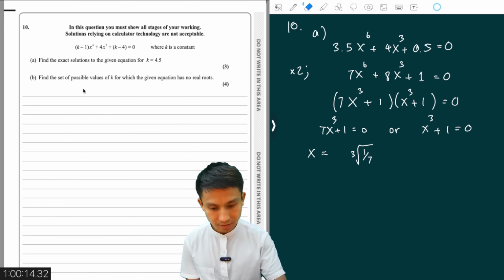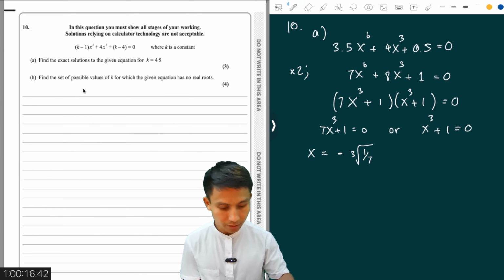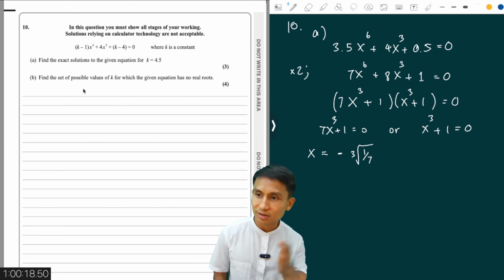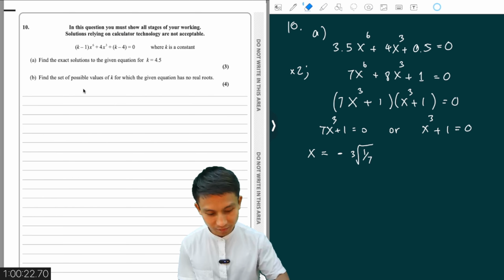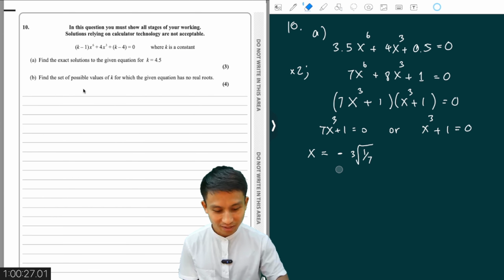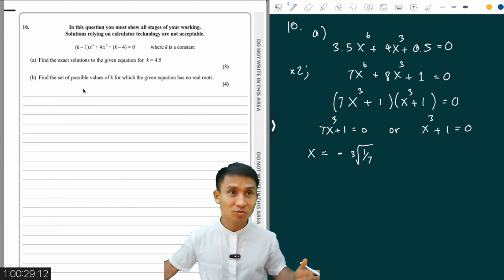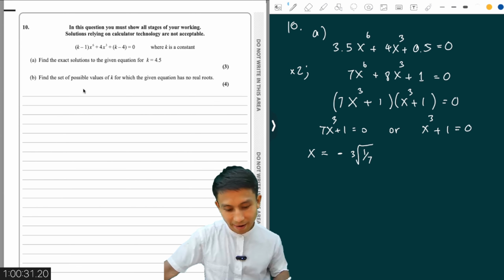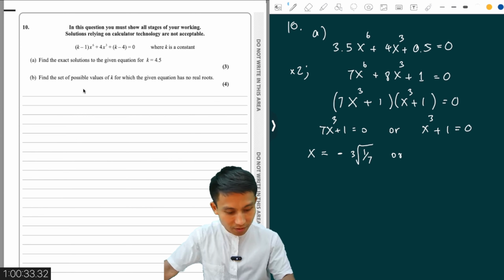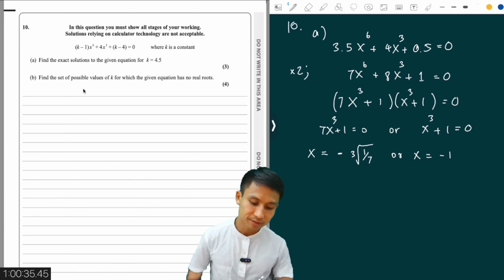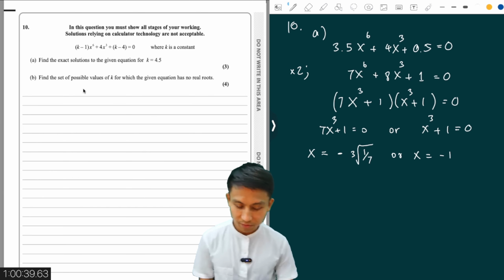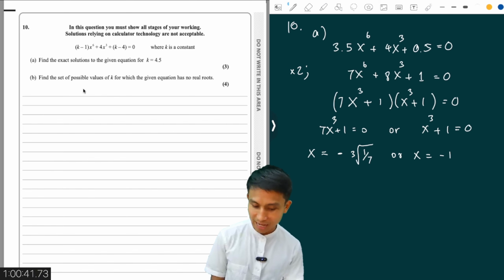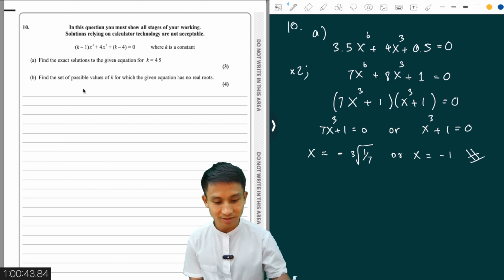That's possible because it's not a square root, it's a cube root. Or x equals minus 1. So the cube root of minus 1 is just minus 1, and the cube root of minus 1 over 7 is just that. Okay, so this is the answer.